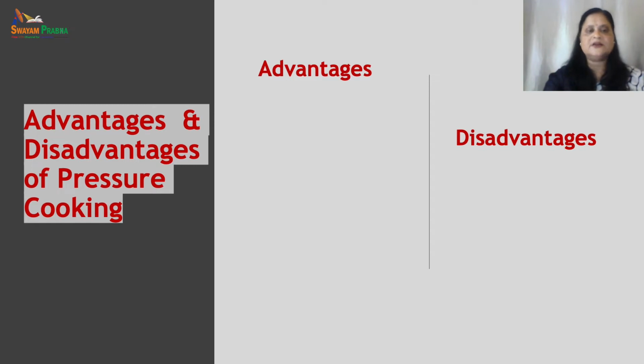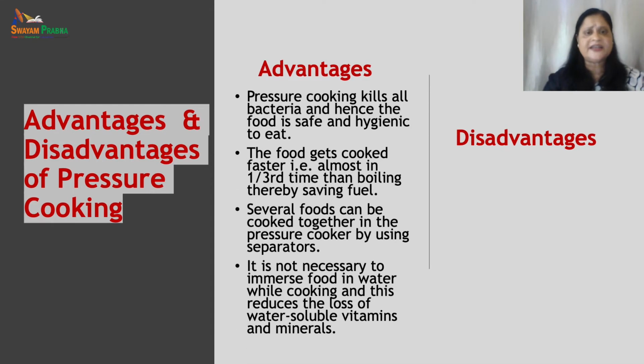Let us learn the advantages and disadvantages of pressure cooking. Advantages: pressure cooking kills all bacteria and hence food is safe and hygienic to eat. The food gets cooked faster, that is almost in 1/3 time than boiling, thereby saving fuel.